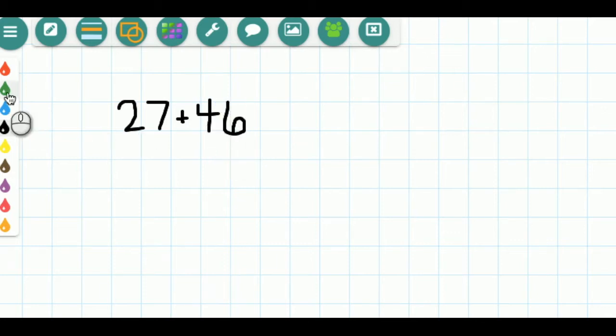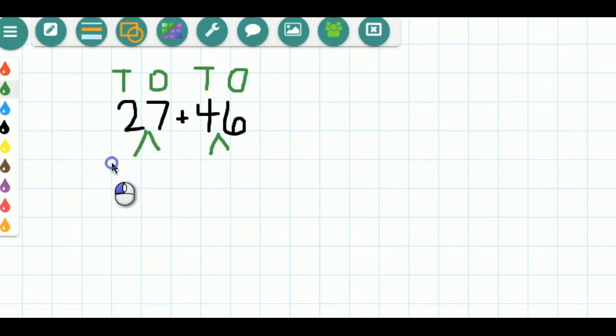So again, we're going to break it into the tens place and the ones place, and we're going to think about these numbers and what other values they could have that makes them easier to add. So 27 is the same as 2 tens and 7 ones, and 46 is the same as 4 tens and 6 ones.